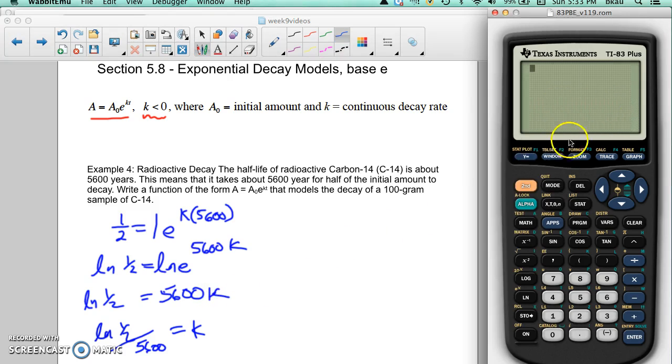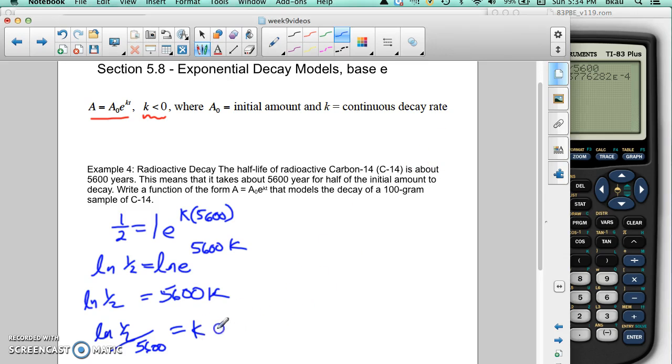Alright, I'm going to do that on a calculator. It's going to be a very small number. ln of 0.5 divided by 5,600. And it gave it to me in scientific notation even. This got an e with a little -4. So that's scientific notation. That means move the decimal 4 places to the left.